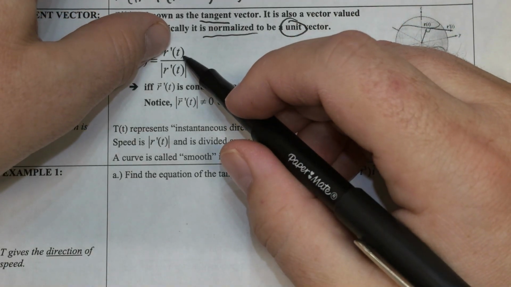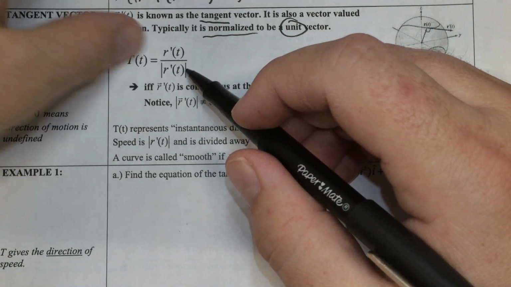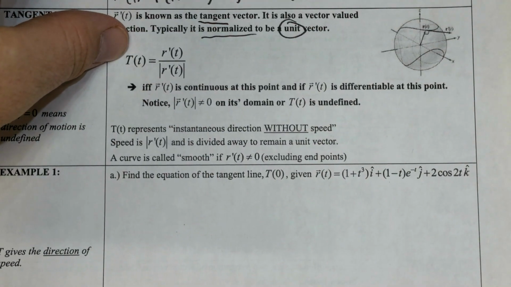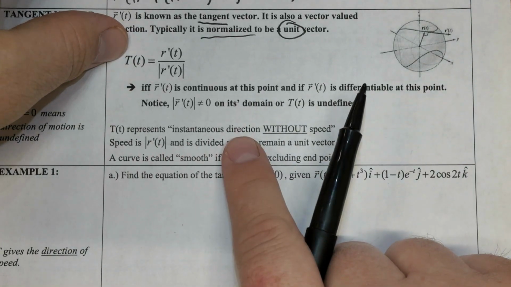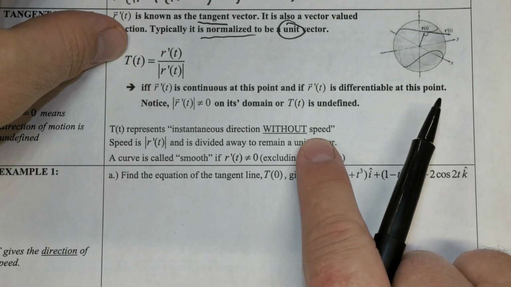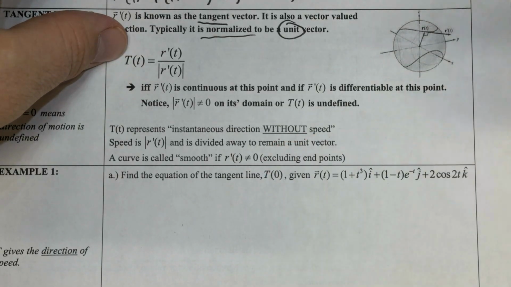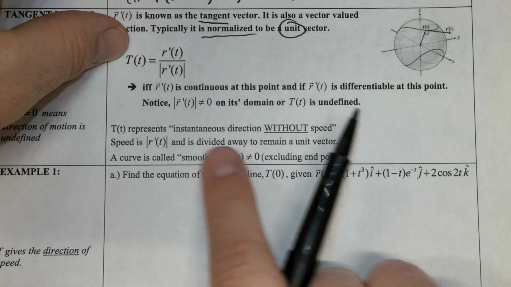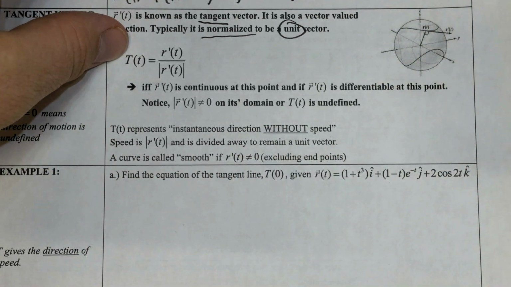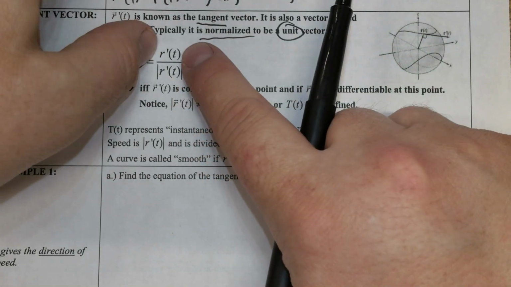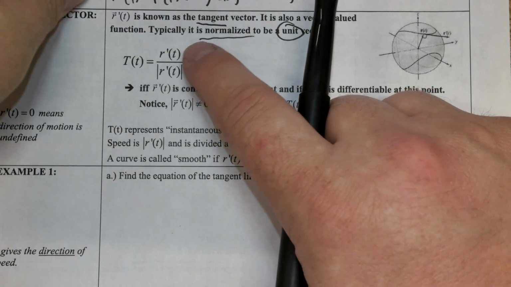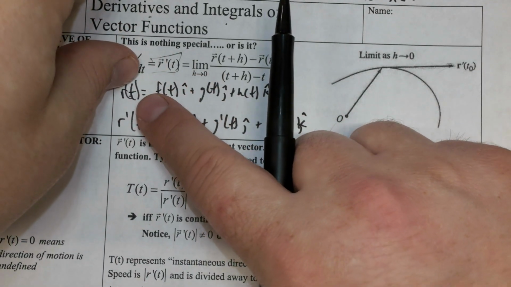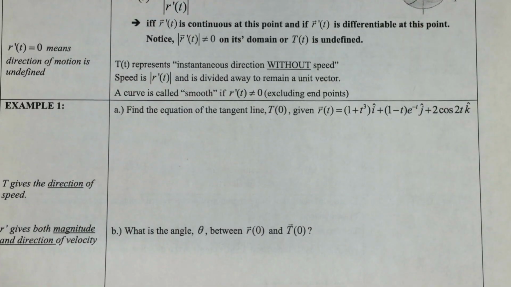So I take that direction, I divide it by its magnitude, and T can always be assumed to be a unit vector. It shows me instantaneous direction without magnitude, without speed. We strip the speed off of it when we divide it to get the unit vector because we know speed is the magnitude of velocity. And this would be my velocity if r of t is my position. Hopefully this is all coming together. Hopefully it's all making sense.